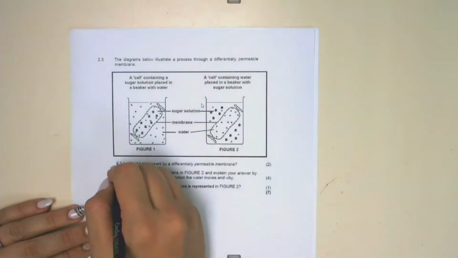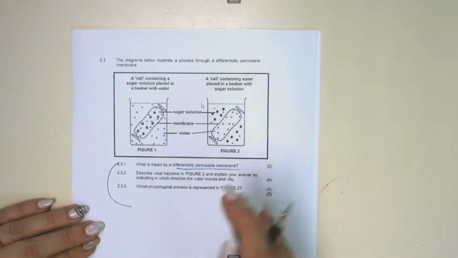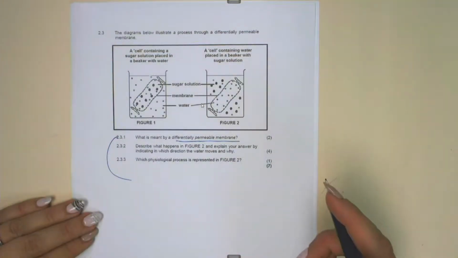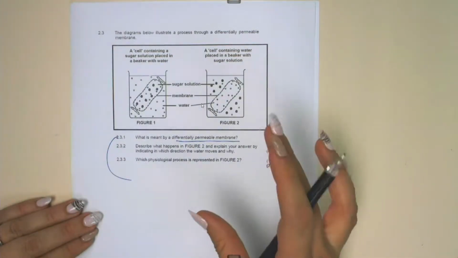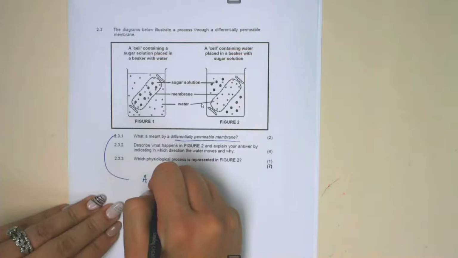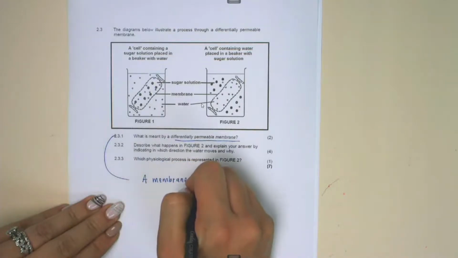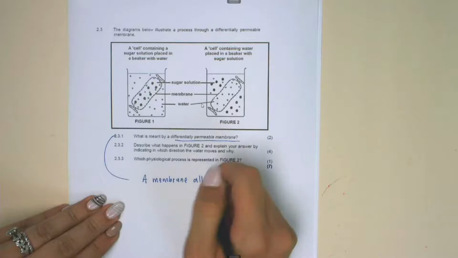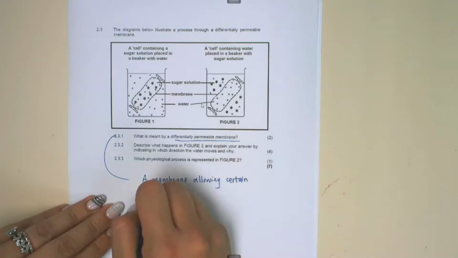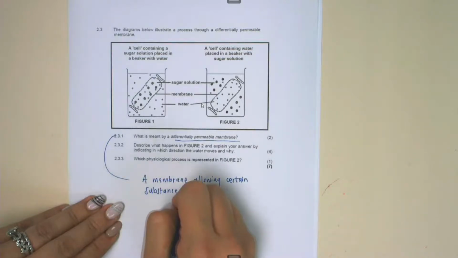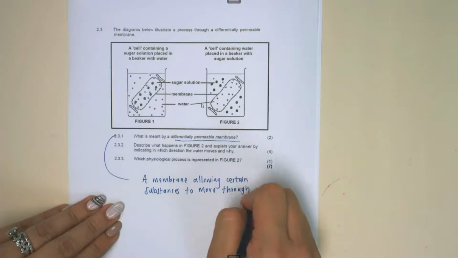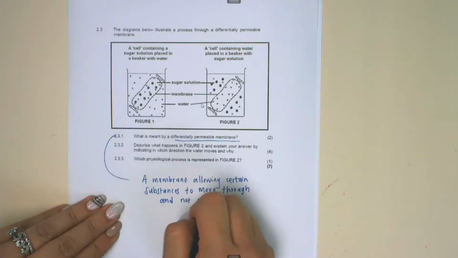Now the first question here, they just want to know what you understand as a differentially permeable membrane. What is a differentially permeable membrane? It is a membrane allowing only certain substances to move through and not others.